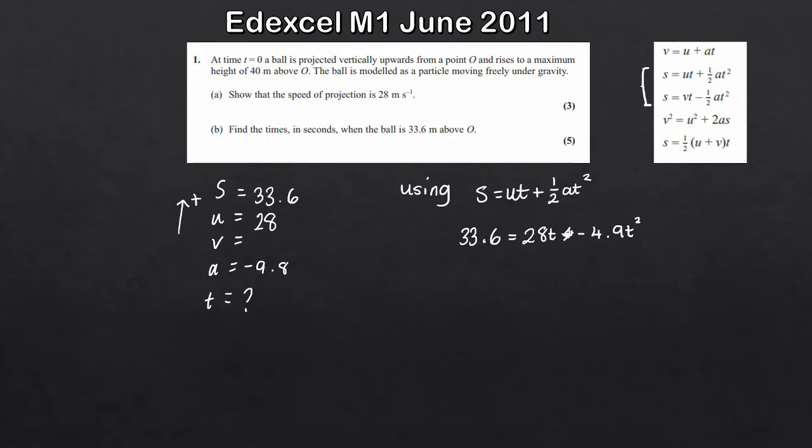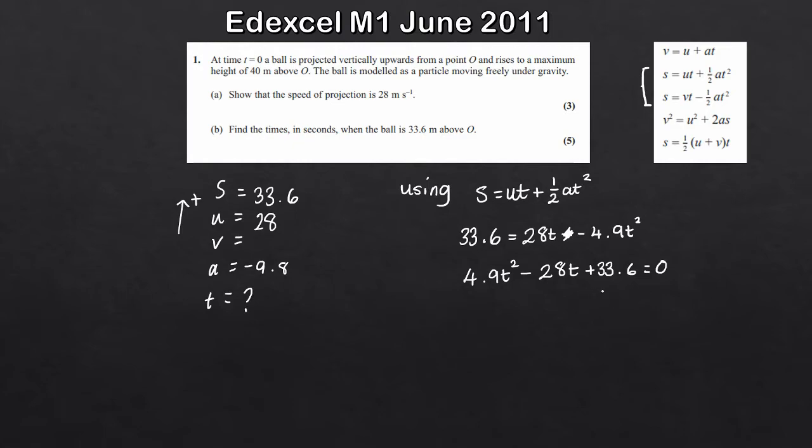Okay, and this is perfect. We've now obtained a quadratic in terms of T. So I'm going to make this positive, so it's a bit easier to solve for. That'll give me 4.9 T squared. So I'm adding 4.9 T squared to both sides. I'm going to subtract 28T off both sides as well. And this is equal to 0 now.